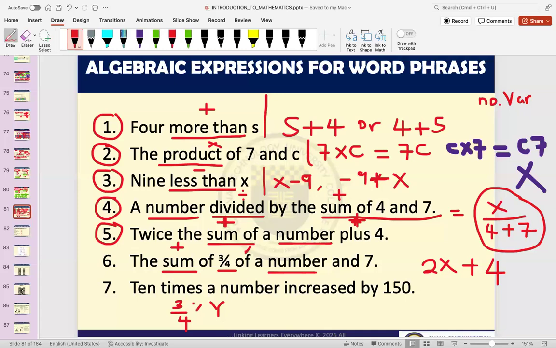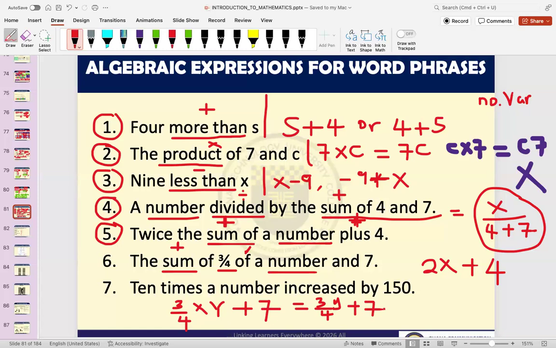So 3/4 times y plus 7. This is how it's going to be. So finally you have 3/4 y plus 7.